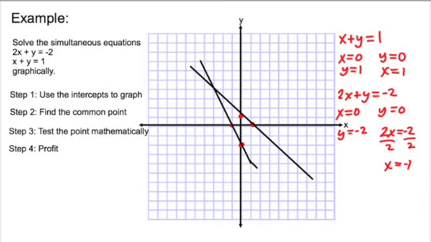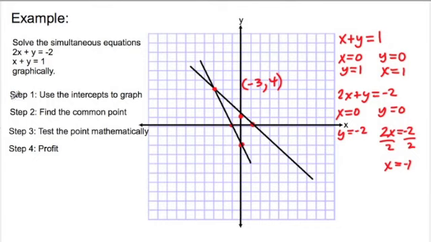There we go. And I see that I have a point of intersection right over here. And it looks like that point of intersection is negative 3 comma positive 4.